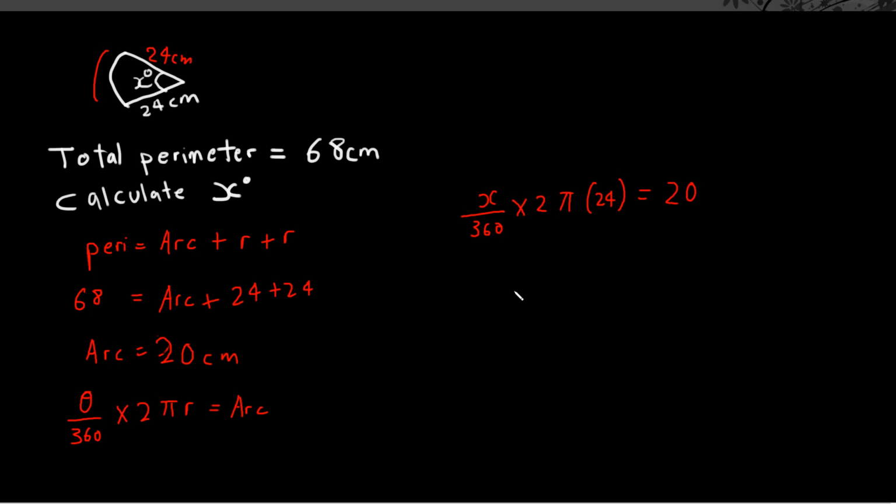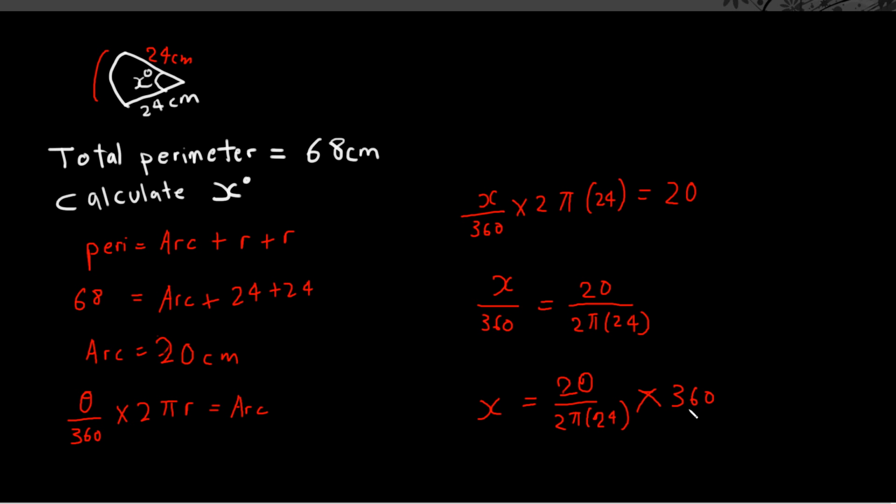So now you just need to rearrange the formula. x over 360 equals 20 divided by this whole value, 2 pi 24, because when you bring times over to the right hand side, it becomes divide. And x equals 20 over 2 pi r, bring 360 over, it becomes times 360.